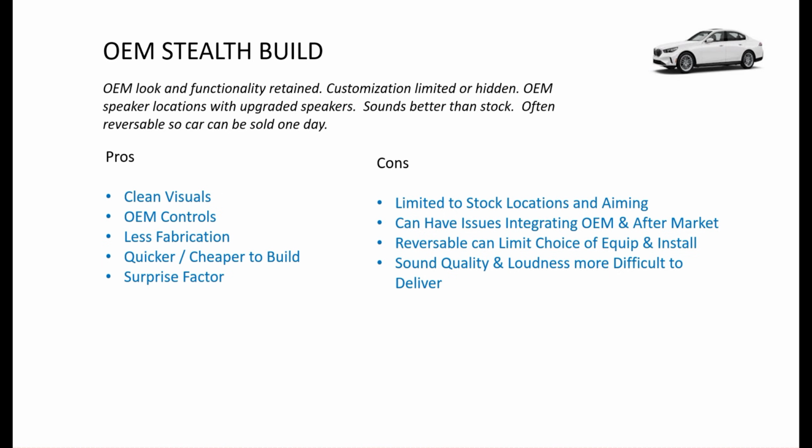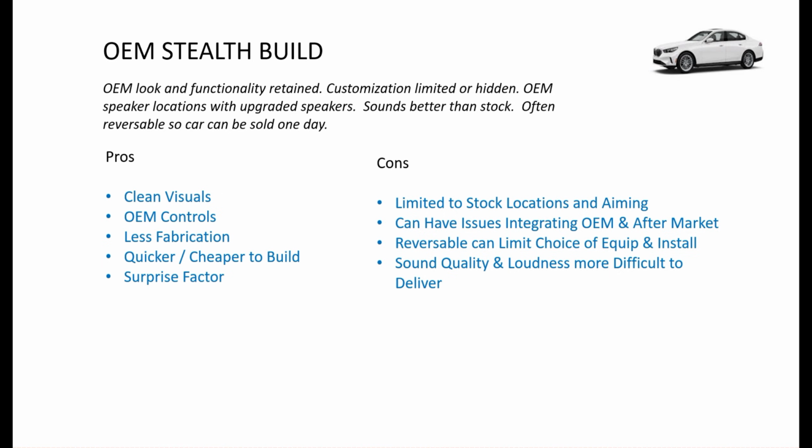The biggest challenge, however, with an OEM stealth build is getting the stock and aftermarket equipment to work seamlessly as one unit. So often these builds can have what we call integration challenges, right? Sound quality and loudness can also be impacted and can be a challenge because you are restricted to, for example, the speaker locations that you can use, the size of speakers that will fit behind those stock grills, and how the manufacturer has aimed those particular speakers.